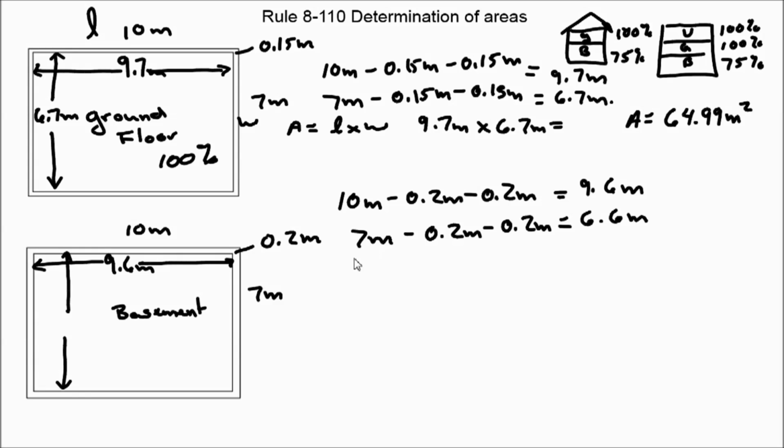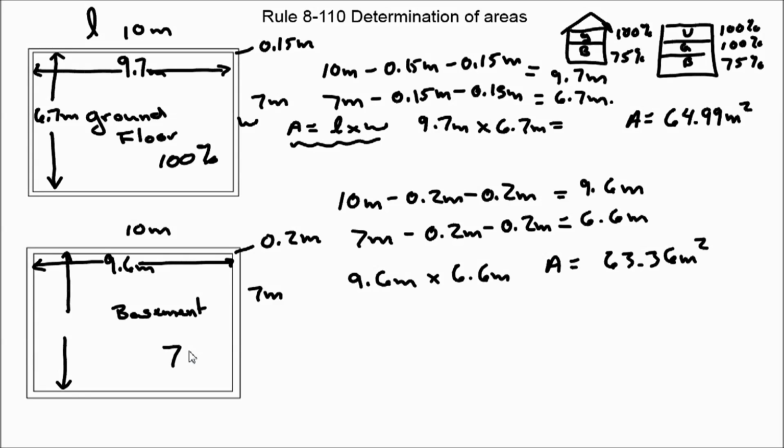And we know that area is length times width, that we already got up here. So 9.6 meters times 6.6 meters, and the area will equal 63.36 meters squared.